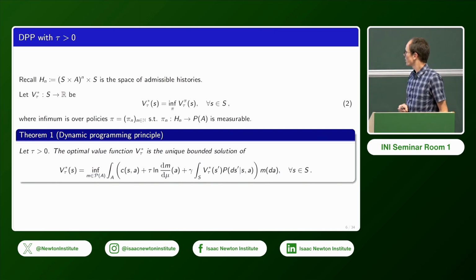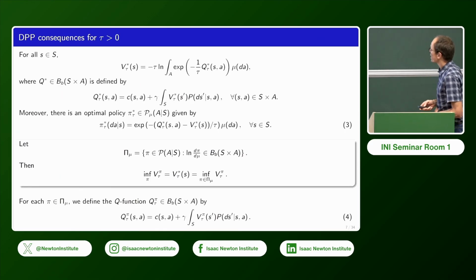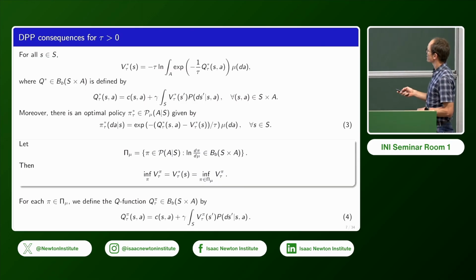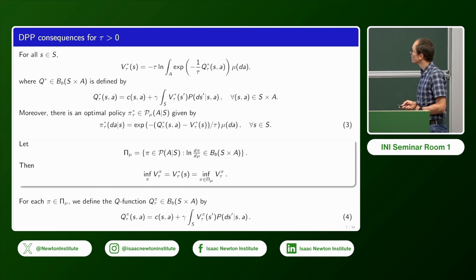Once you show dynamic programming, one of the consequences of working in a Markovian system is that your optimal policies can, without loss of generality, depend just on the current state. So we have dynamic programming. And for me, the main consequence of this is that because of the entropy regularization, we have this exact formula for the optimal value function.